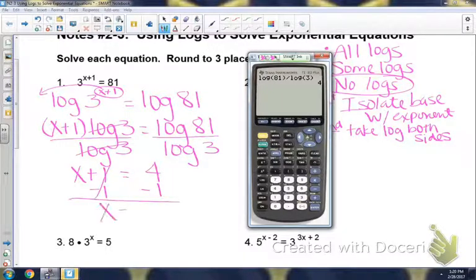So x would equal 3. Now remember on your log equations, the ones that had logs, we had to check it and make sure that it didn't cause that m or n to be negative. In this case, we can have negative exponents because we know what to do to make them positive. Okay? So you could just plug it in and check it if you wanted to check it. But there's not anything that you really need to be checking for, but just to make sure that it equals that 81 up at the top.